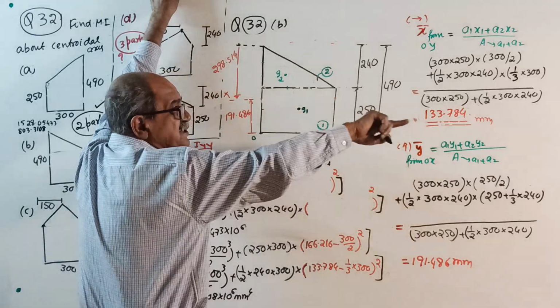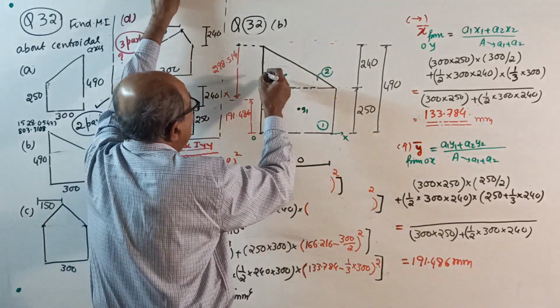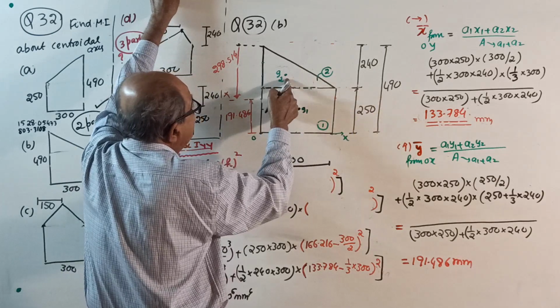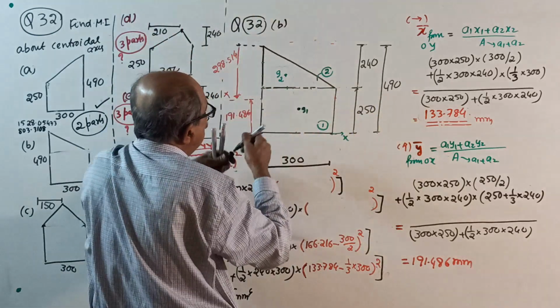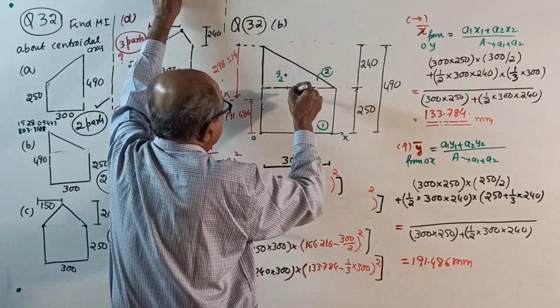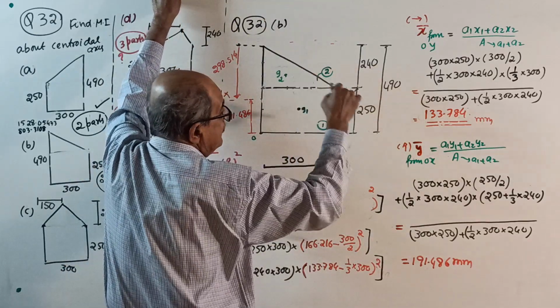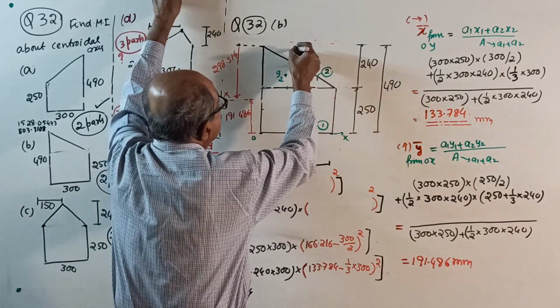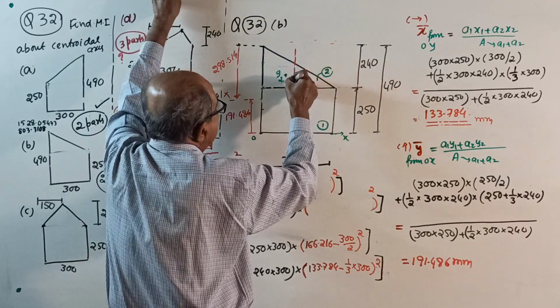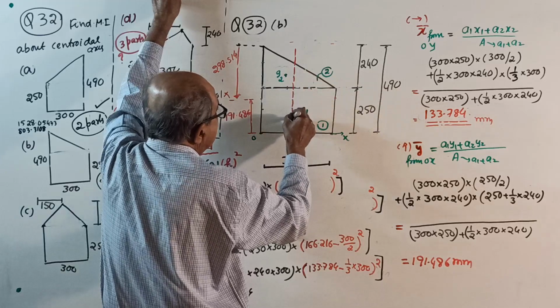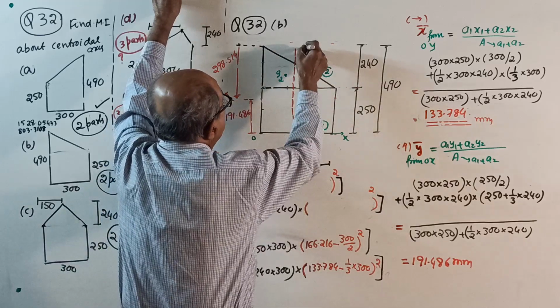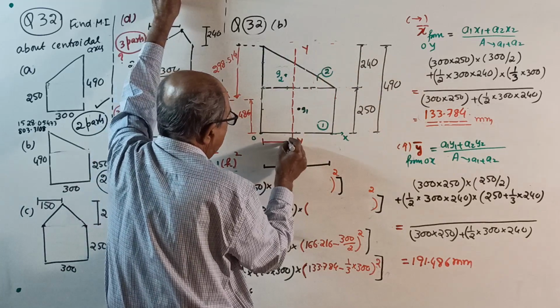Last time it went beyond G1, but now it is before G1. But from here to G2 is what? Only 1/3, 100. So after G2, before G1, your axis will come. See, 133 means somewhere very close, somewhere here. This is your YY axis. From here to here is how much?